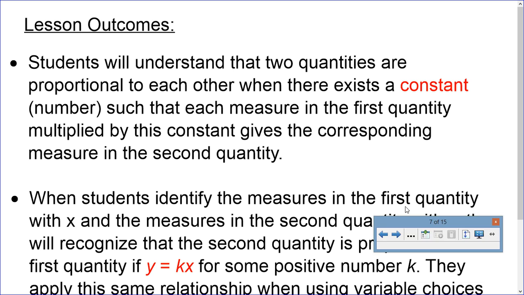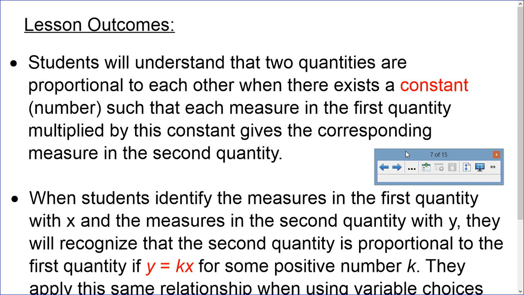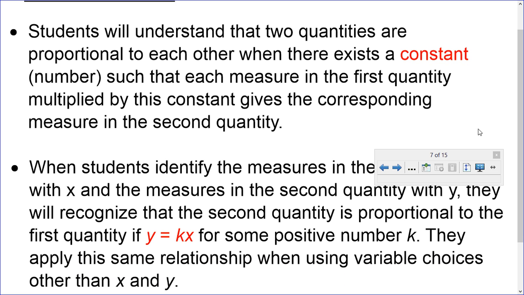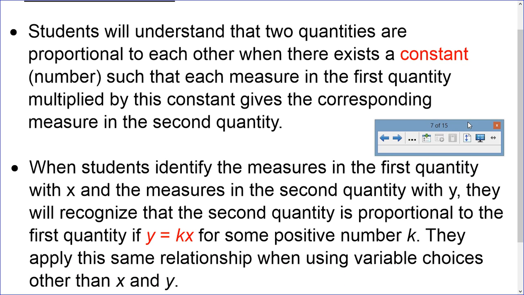Our second outcome we're hoping the students master is when students identify the measures in the first quantity with x and the measures of the second quantity with y, they will recognize that the second quantity is proportional to the first quantity.